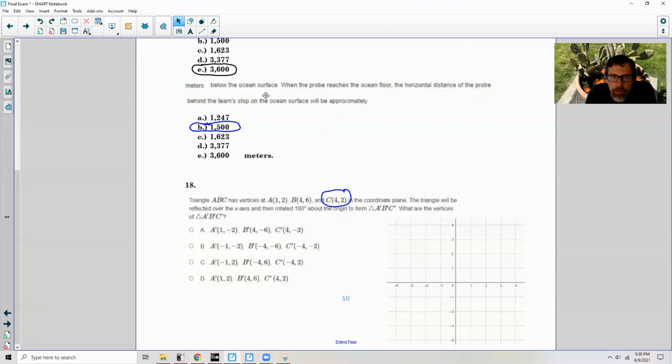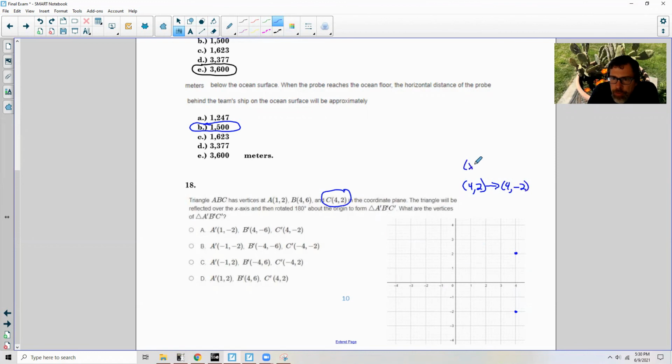Okay, so I brought in a piece of graph paper, which was provided, and we have the point (4, 2) right here. All right. It's reflected over the x-axis, which is here. So move 1, 2 to get to the x-axis, move 2 more, that'll get us here. So we went from (4, 2) to (4, -2).